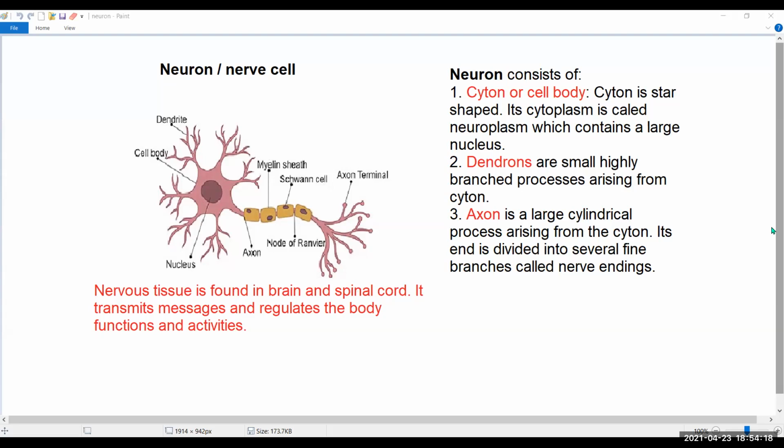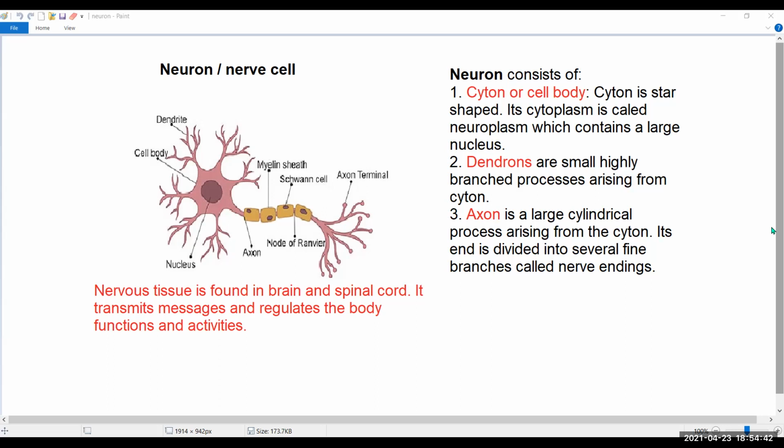Then axon. Axon is a large cylindrical process arising from the cyton. Its end is divided into several fine branches called axon terminals or nerve endings.